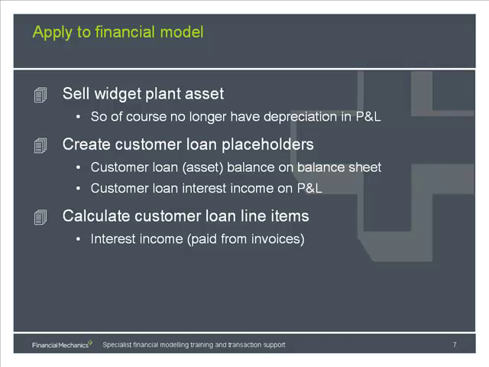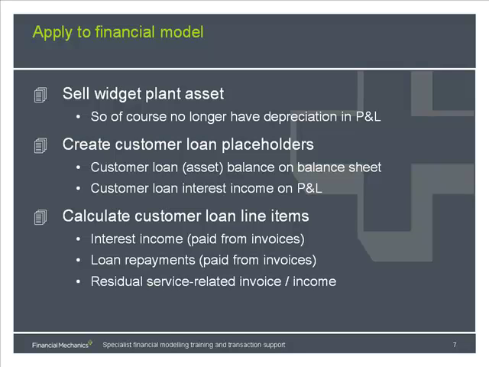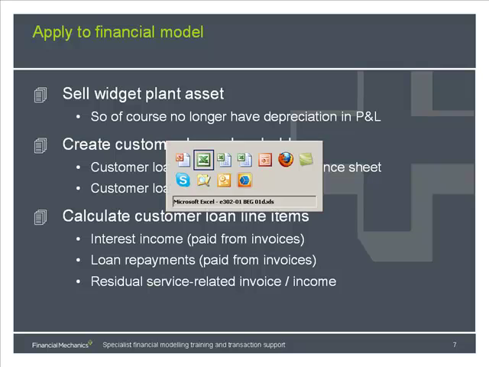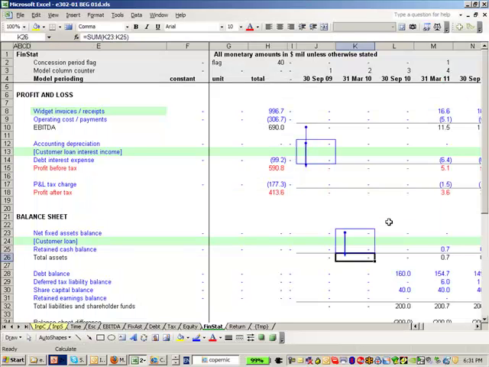Again, don't forget, paid from invoices. Somehow that customer is going to have to repay his loan, again netted from the invoices. What's left of the invoices after you take out the interest and loan repayment elements is what we're going to call residual service-related invoices or income. Let's see what we can do with that.